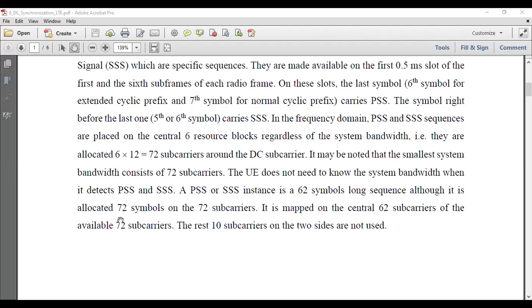You have just powered up, and it should be able to separate the transmissions from different cells. Different cells in the neighborhood will have different identities, and it should be able to identify that a particular identity is from this particular transmission and not from someone else.